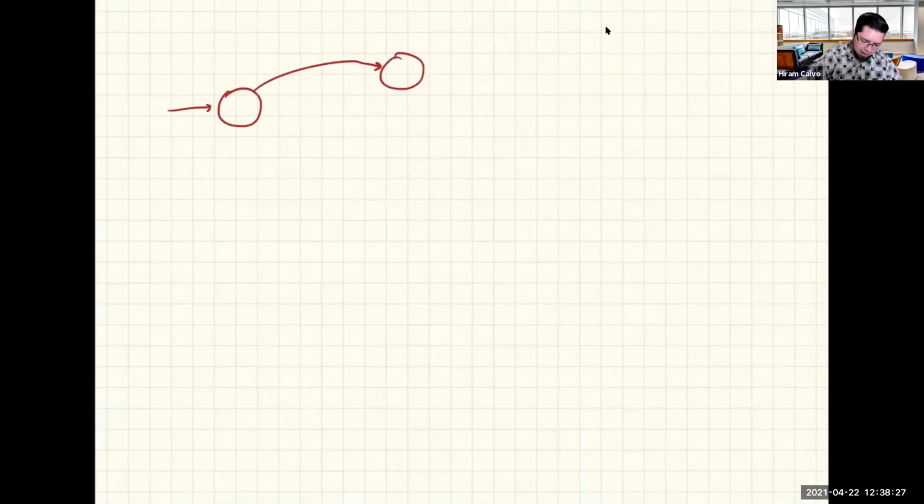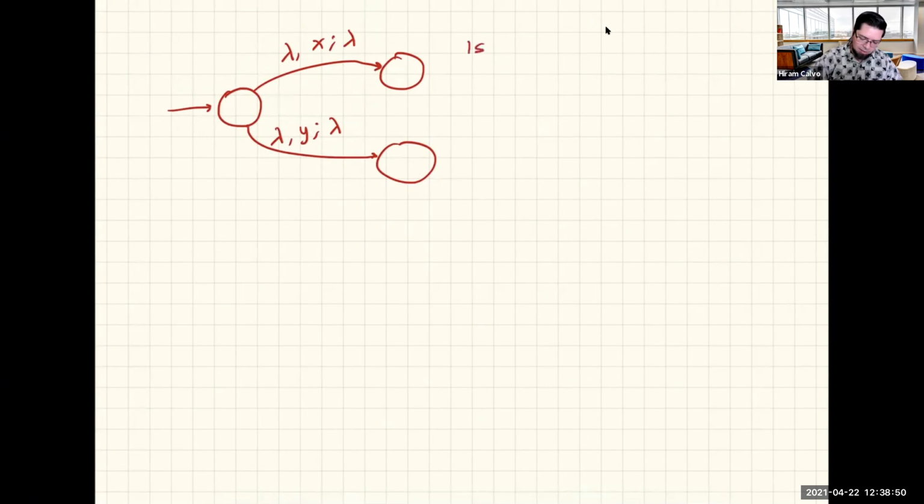So let me ask you again. Suppose we have something like this, and we have a lambda here, but not on the top of the stack. So I want you to tell me, is there determinism here or not?